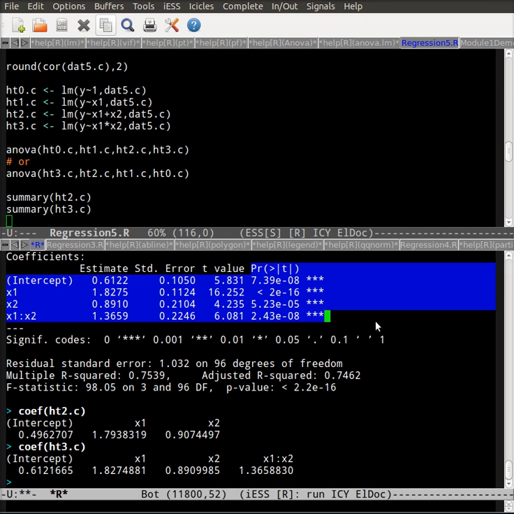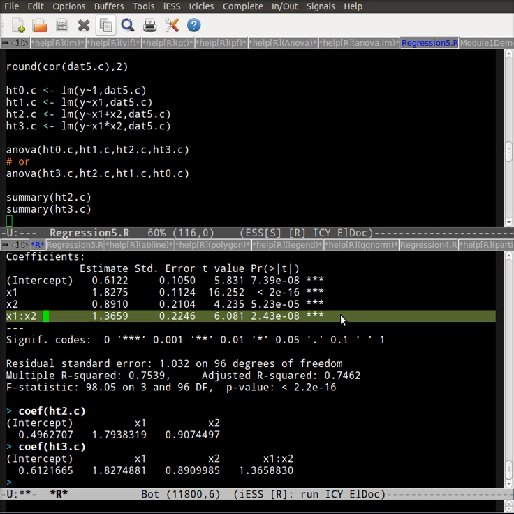They're hierarchical in terms of x1, an interaction is tested as an incremental change in the R square between a model with the interaction compared to a model without the interaction. And that's what I showed you here in these ANOVA models.